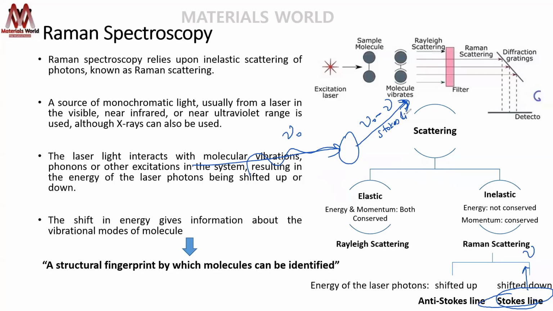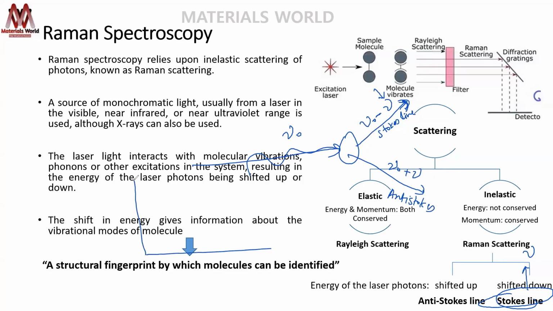The Stokes line, which is observed at frequency nu naught minus nu. The current frequency is this much, the energy is changed, and nu is the shift. Now in the other case, the molecule has already some energy, so that energy will be added. This is called the anti-Stokes line, shifted up. This is also a Raman line, which has higher energy than the incident one.